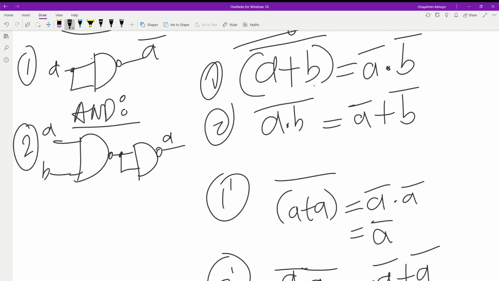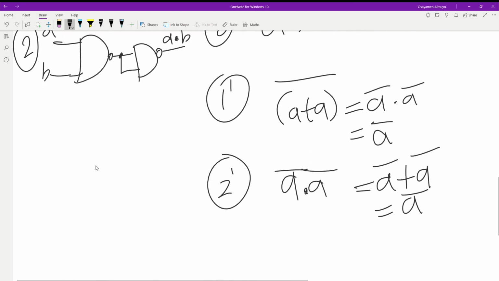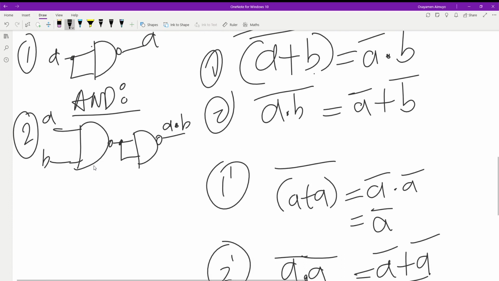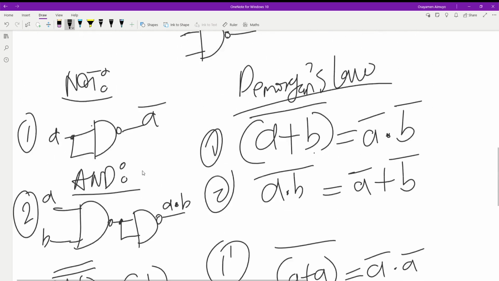So this should be A and B. So this gives us A and B. And the logic behind it is something of the like. So it's basically just that.